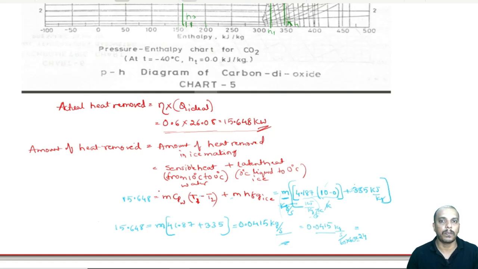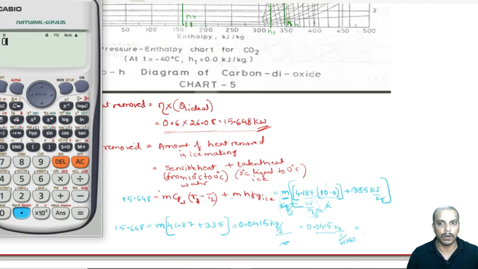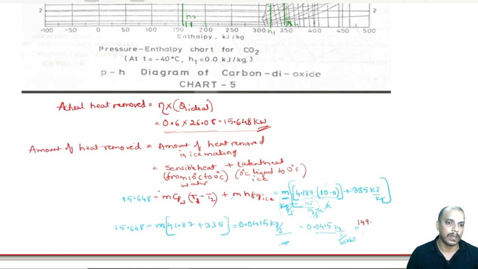So let us find it per hour first: 0.0415 into 60 into 60, that will be 149.4 kg per hour.